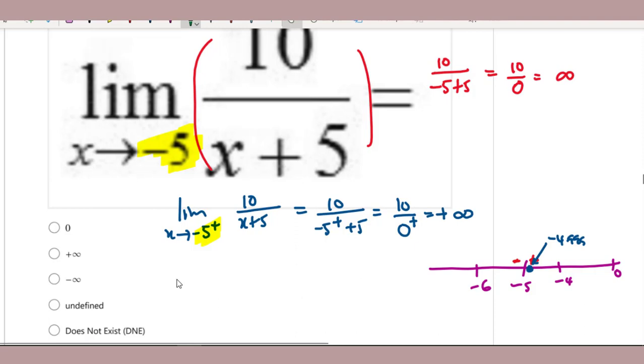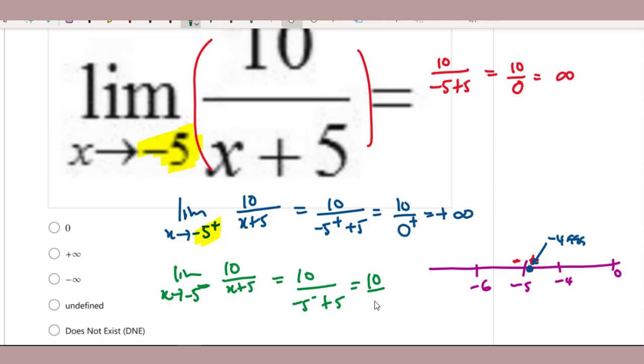And then the limit of 10 over x plus 5 as x approaches negative 5 from the left. Substitute negative 5 from the left plus 5, we also get 10 over 0. This is negative 5 from the left, negative 5.001, so the plus 5 means the 0 is on the negative side.